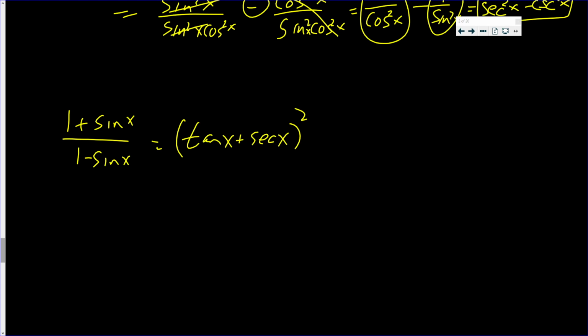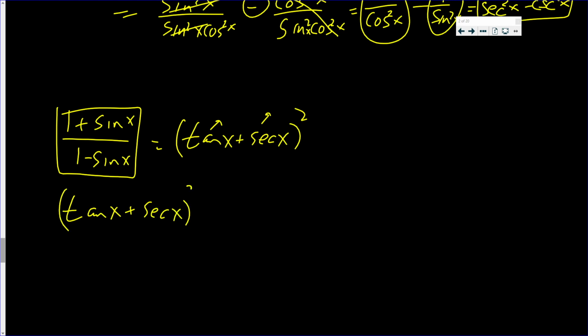It's not easy to show that a fraction is something squared. But I can square the right side, and I see fractions: that's sine over cosine, that's 1 over cosine. Let's see what happens.